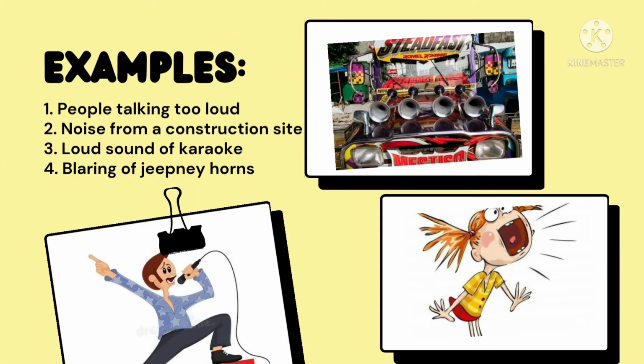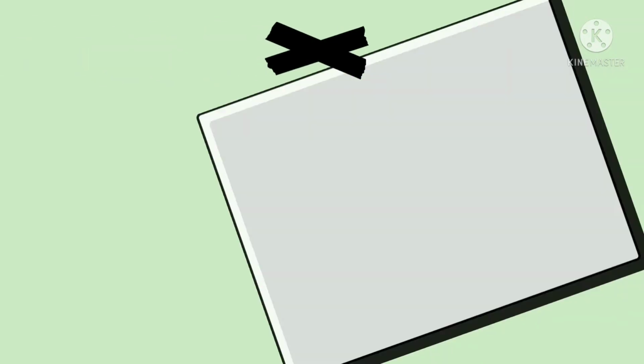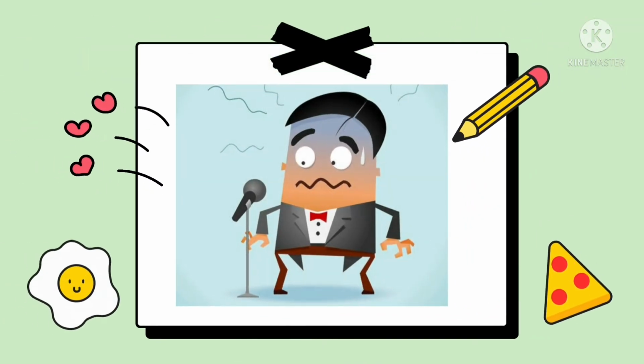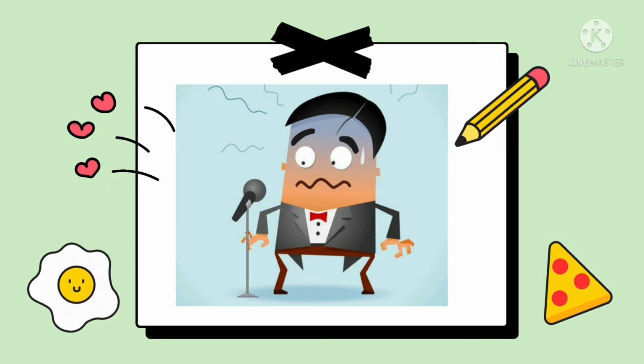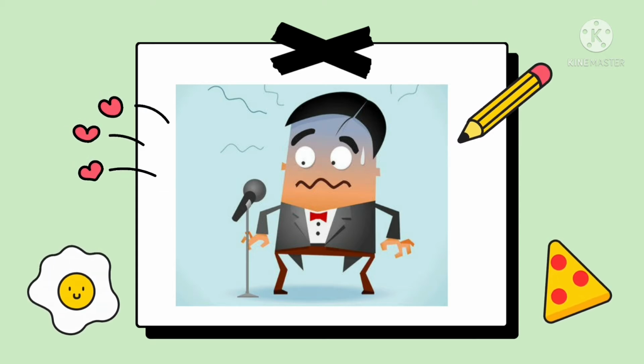Best examples are people talking too loud, noise from a construction site, loud sound of karaoke, and blaring of jeepney horns. Recognizing the barriers to effective communication is important in order to avoid communication breakdown. Now take a look at this picture. What do you think is the barrier in the given situation?